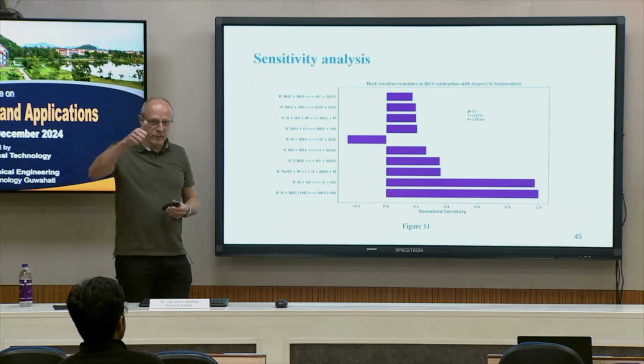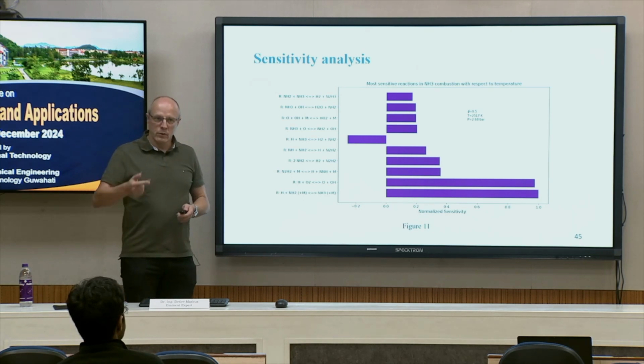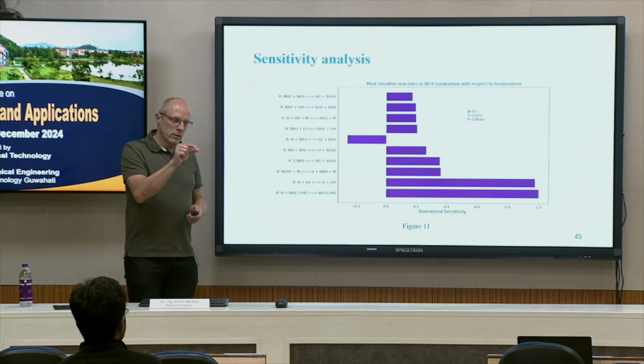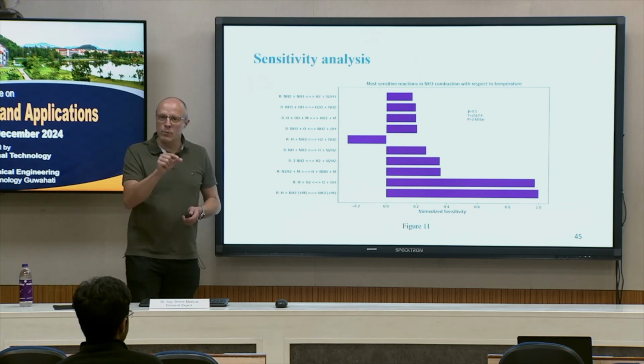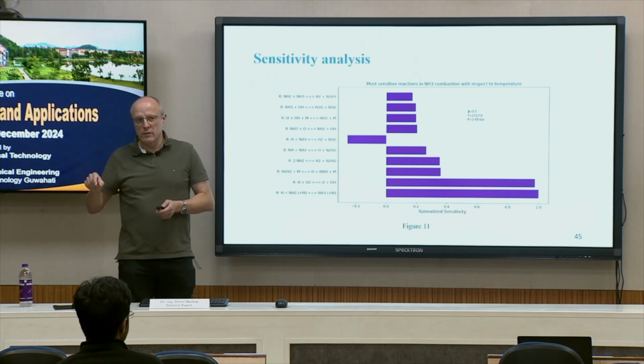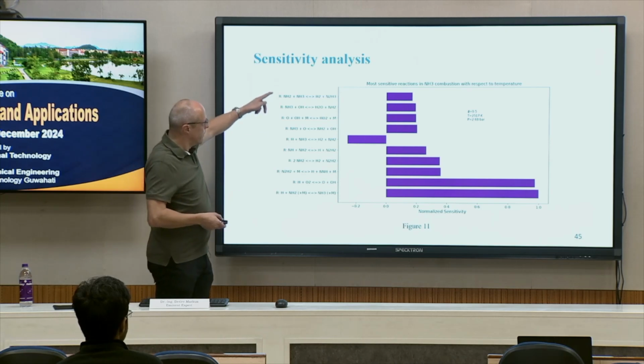So for each reaction k, we have done this. We have compared the initial ignition delay time without any changes with the ignition delay time we yield when we change one reaction. And this is then the plot of the sensitivity.